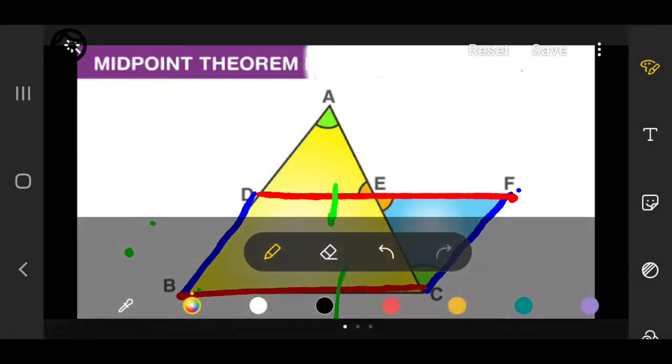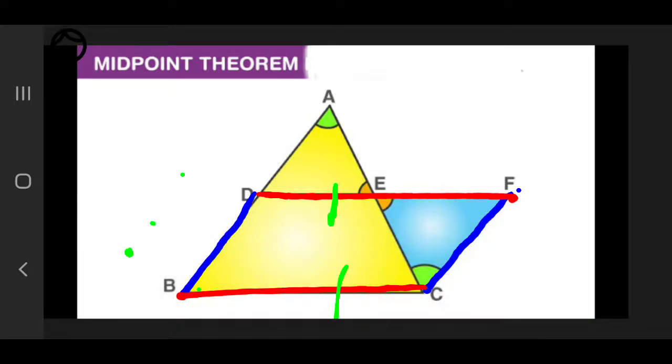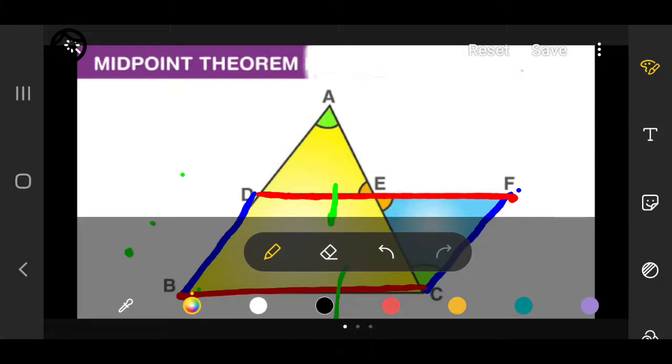If DF is parallel to BC, DE is also parallel to BC. But it is not given that DFCB is a parallelogram. So we have to prove that DFCB is a parallelogram.